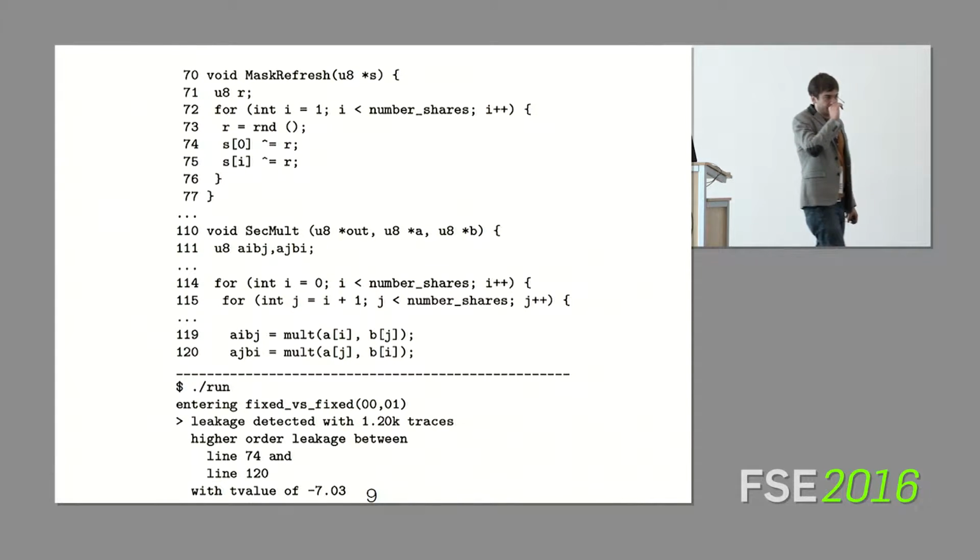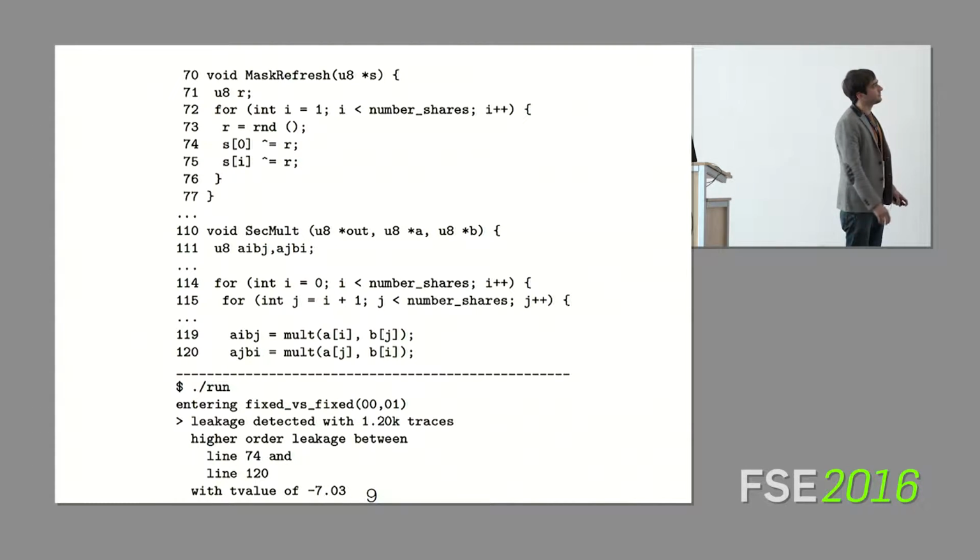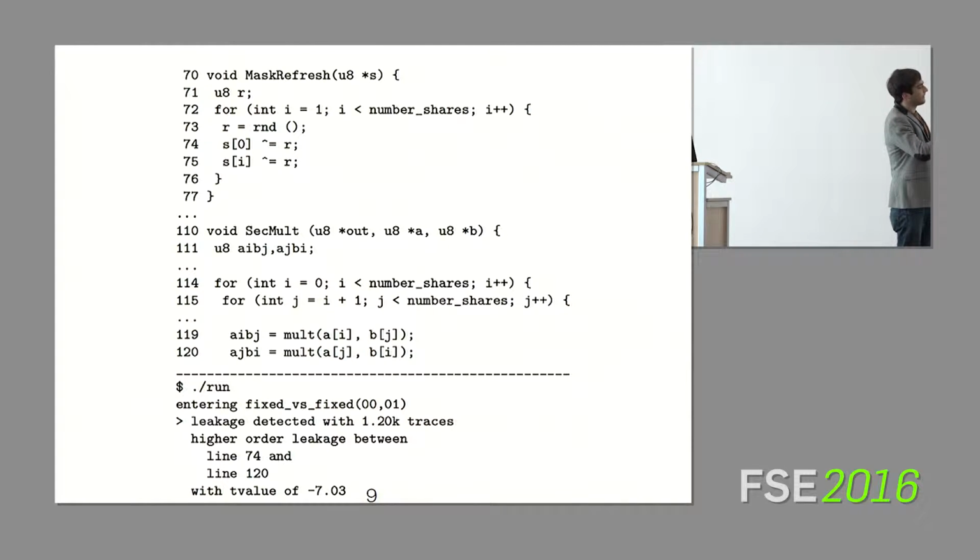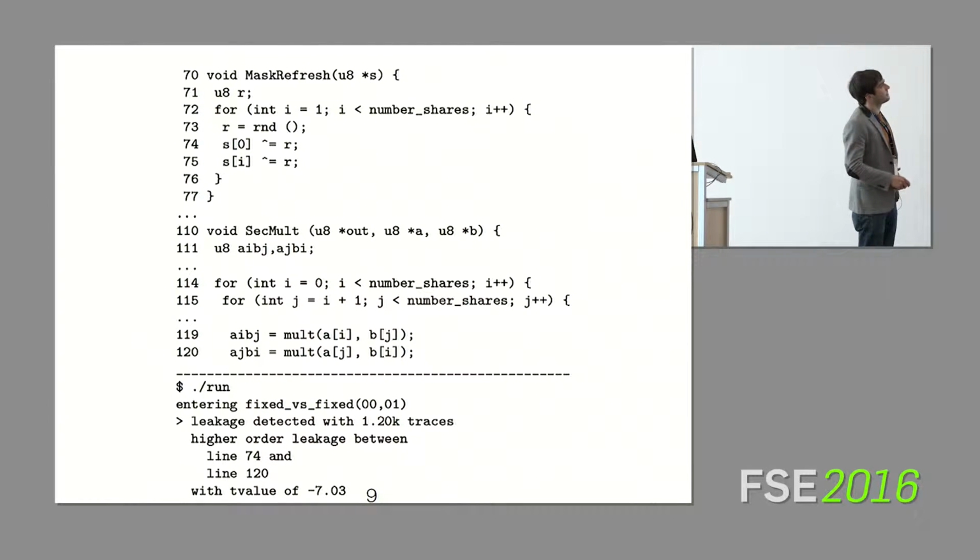So this is one example of how the tool looks like. Here I just write some code that describes the masking scheme. So this is the input for the tool. I am just writing C for this masking scheme. So this masking scheme is essentially Reparaz 2010.